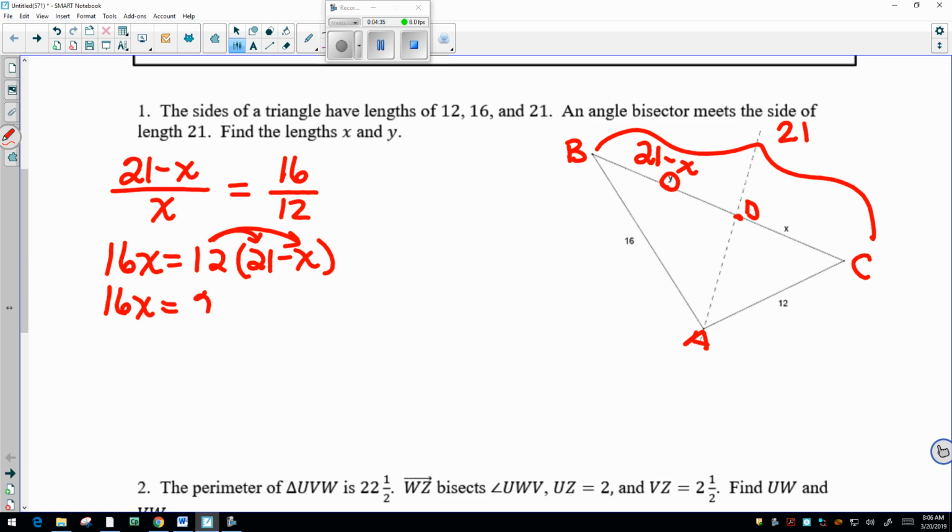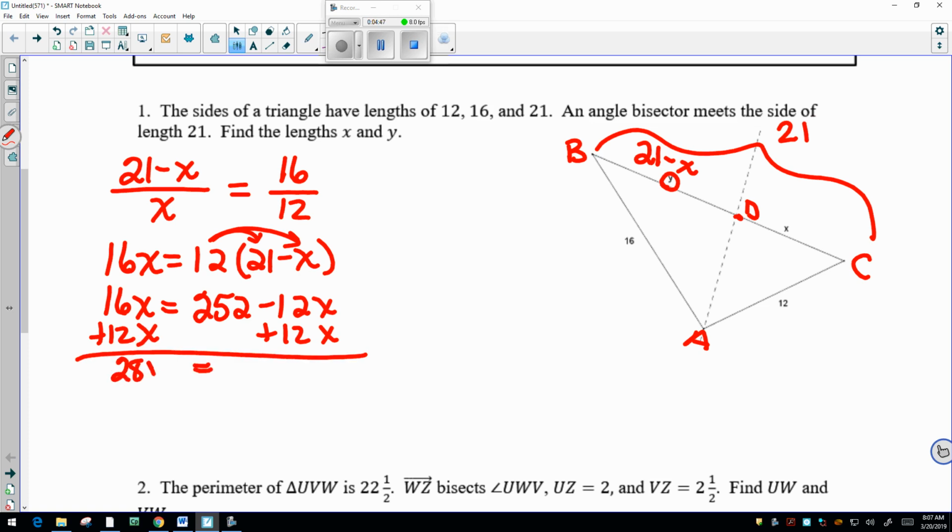So 12 times 21, I'm going to have 252 minus 12x. We want to get the x's together. So we're going to have 28x equals 252. And if I divide through, I can find x is going to be 9.